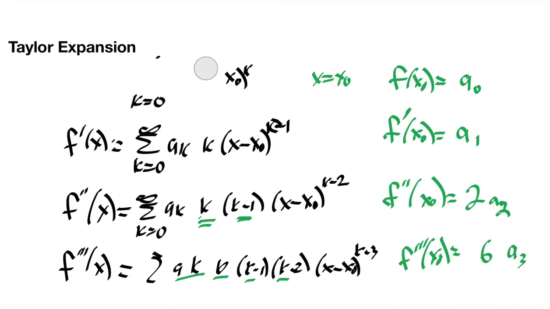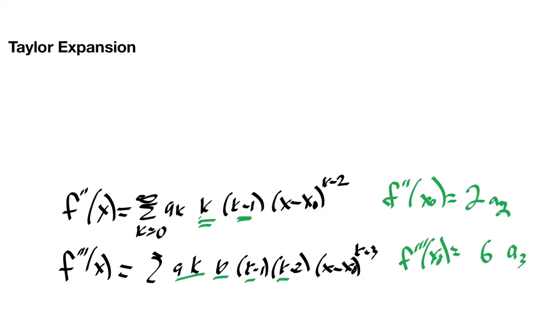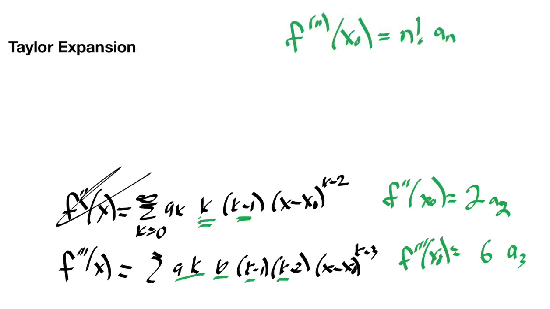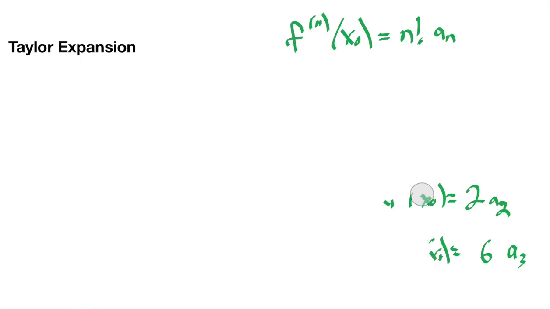So it's 6 a3. You can start to see the pattern, and the pattern is that in general, as we keep going, our nth derivative, evaluated at x naught, is going to be n factorial times a sub n. So importantly, we tend to write this.